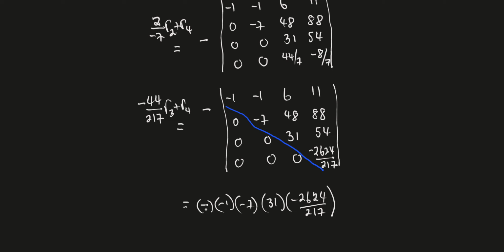That's an even number of negative signs, so everything's going to be positive. Not just that, but the 7 times 31 is 217, so it's going to cancel out that denominator. And we're going to end up with 2,624 as the determinant of our original 4 by 4 determinant, right?